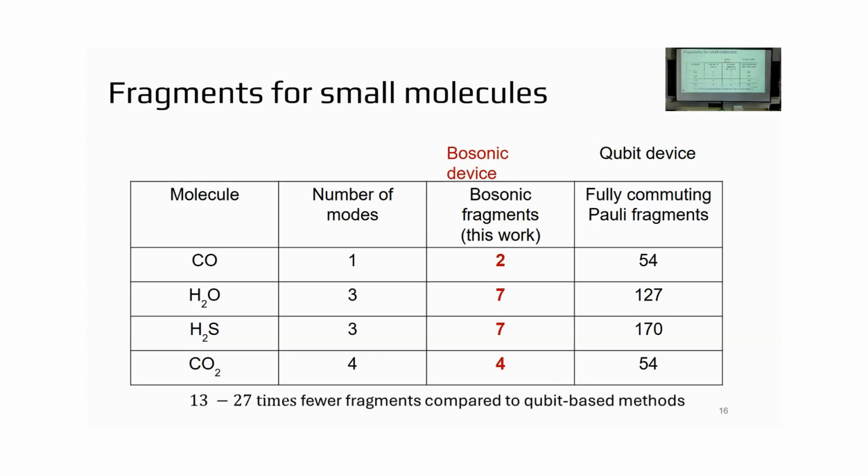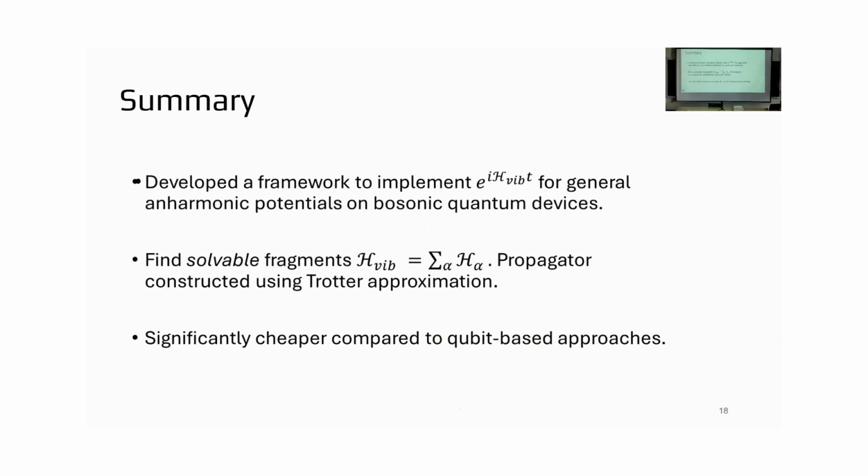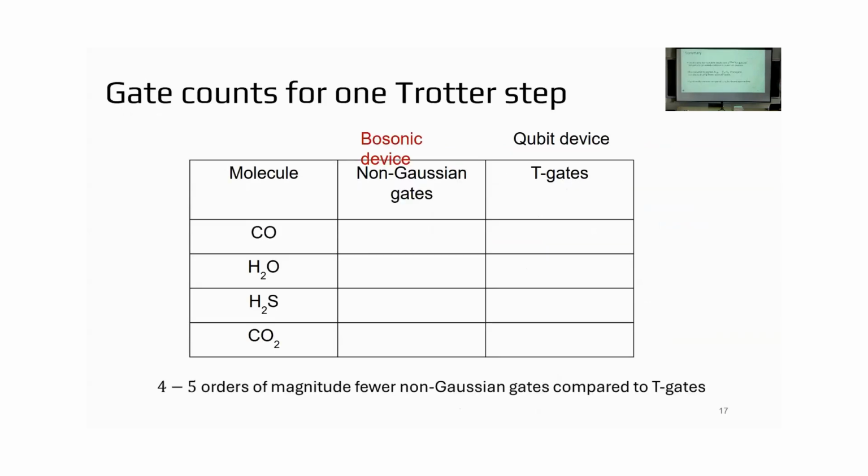Further evidence that this bosonic algorithm could be cheaper is, oh wow, these numbers just aren't there. Unfortunately, these numbers are not there, but the numbers for the non-Gaussian gates, which are the difficult-to-perform gates on a bosonic device, are in the 30s and 40s. Take my word for it. I'm sorry.